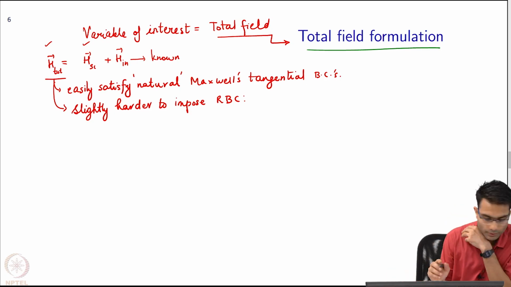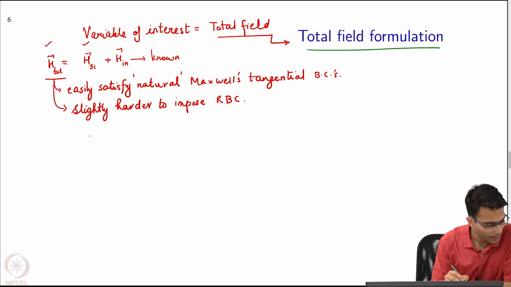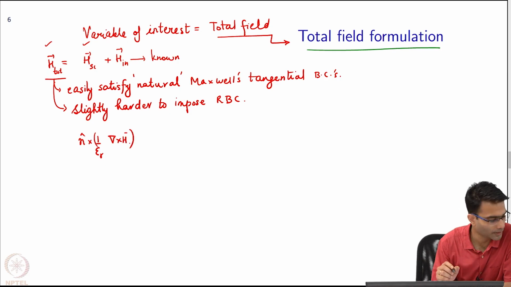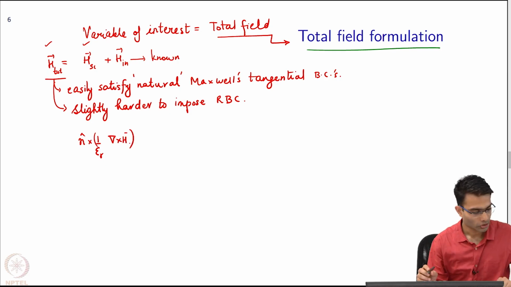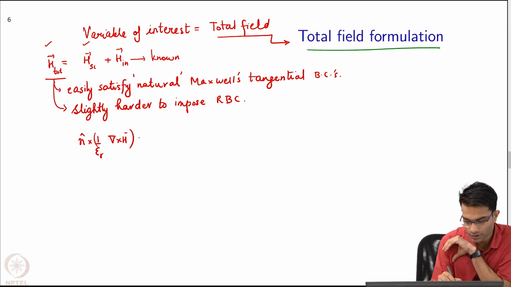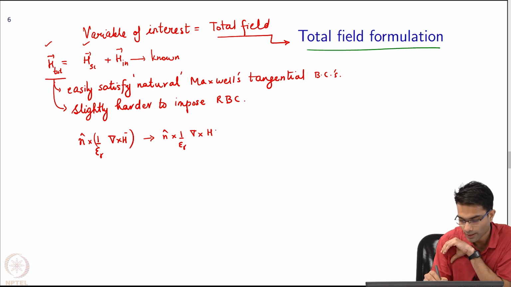Okay. So, let's look at the expression that I had. n cross 1 by epsilon del cross H, that was the term that I was struggling with. So, what do I do now? First of all, I have to write this as n cross 1 by epsilon r del cross H, and this is the slightly tricky part, H incident.